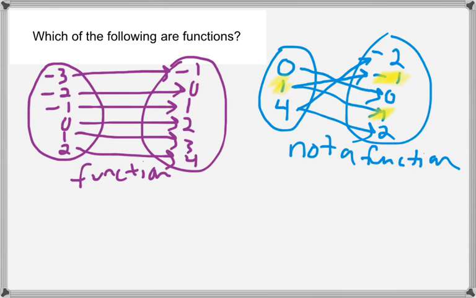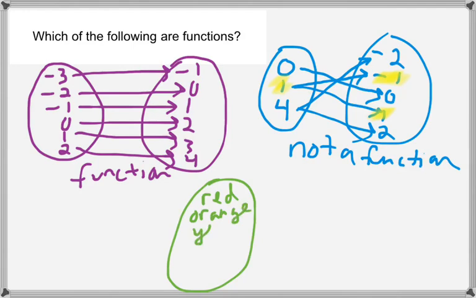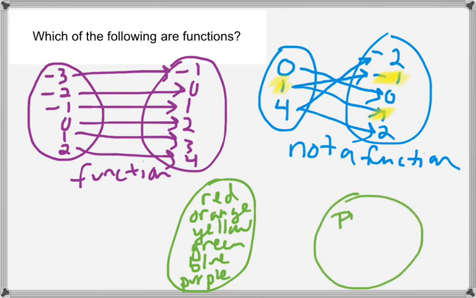Let's look at one last example here. So our inputs are that set of colors, and our outputs are primary and secondary.